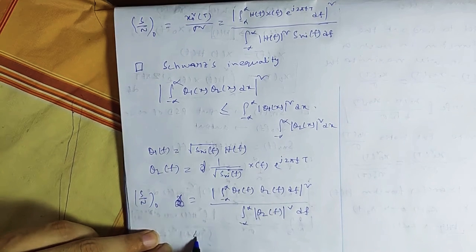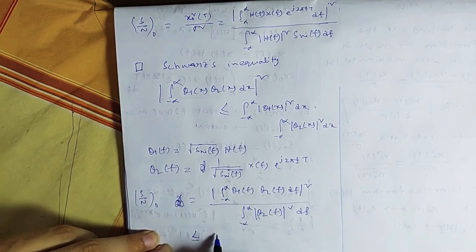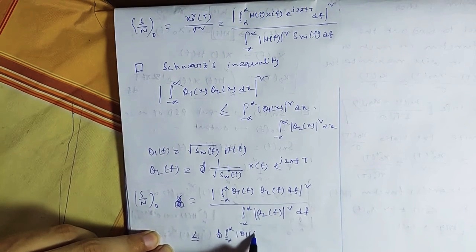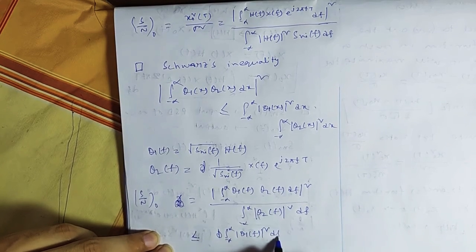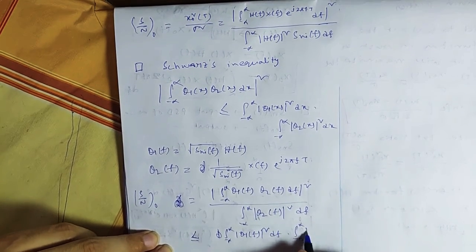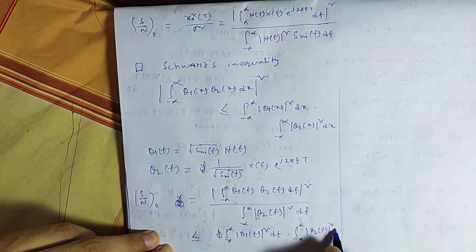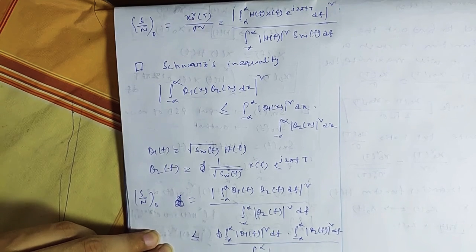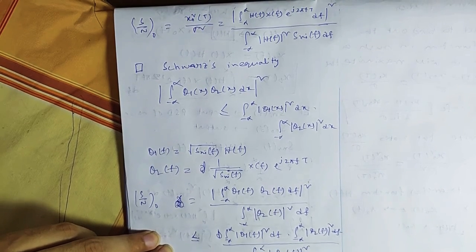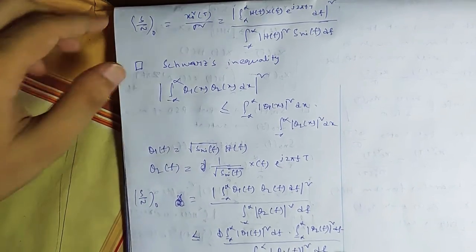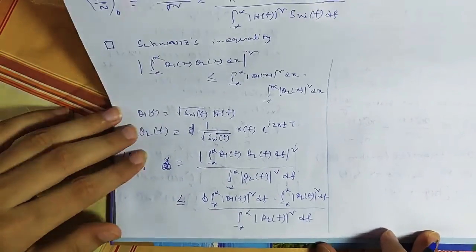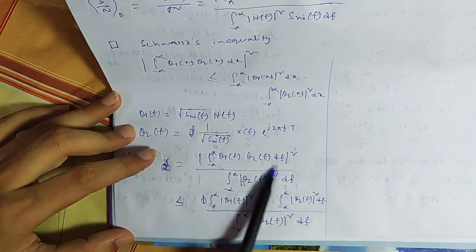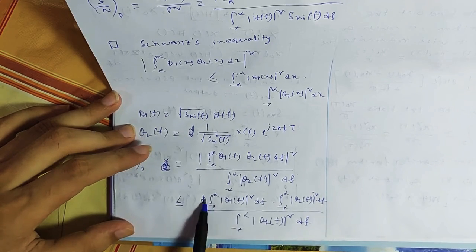Then we can minimize this as it should be less than or equal to. So we have used Schwarz inequality and replaced this absolute value square in terms of this form.